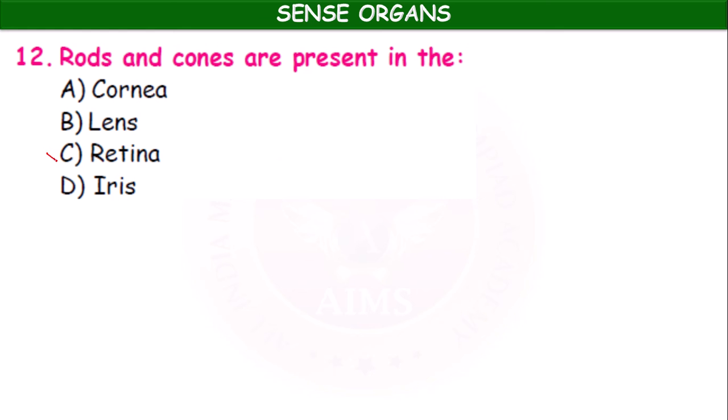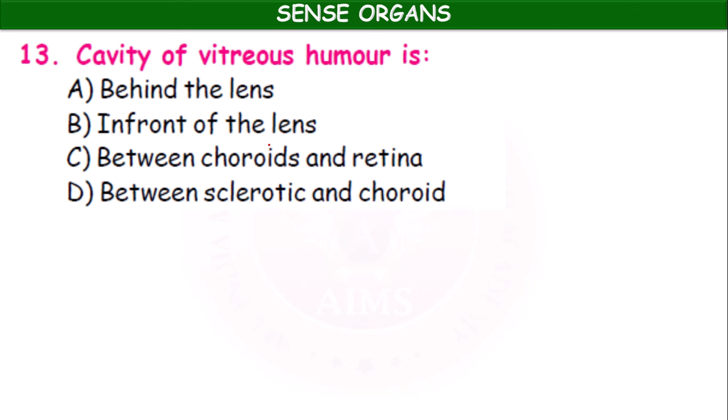It is the retina, the innermost, sensitive layer of the eye, where rods and cones are present. The cavity of vitreous humour is behind the lens, in front of the lens, between the choroid and the retina, between the sclerotic and choroid layer.